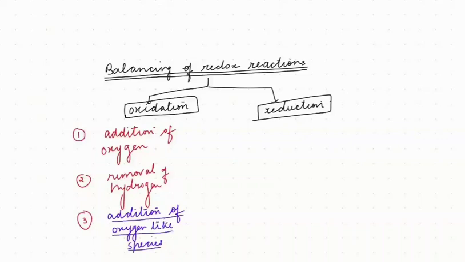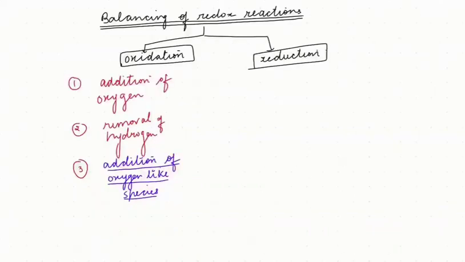Oxygen is atomic number 8, so the basic configuration is 2,6, and when it gains 2 electrons, it acquires a -2 charge, just like oxygen acquires a -2 charge in the majority of its compounds, right?